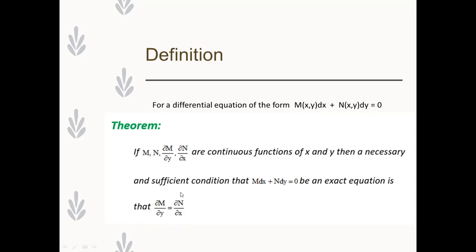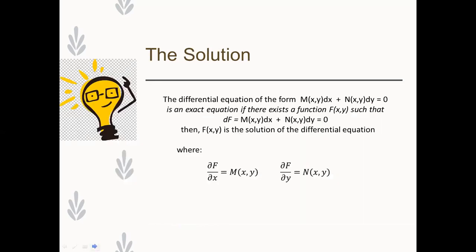So this is the testing for exactness. Now, the differential equation, so you have already tested and it came out that your DE is exact. So the differential equation of the form M of x and y dx plus N of x and y dy being equal to 0 is an exact differential equation if there exists a function f of x and y.